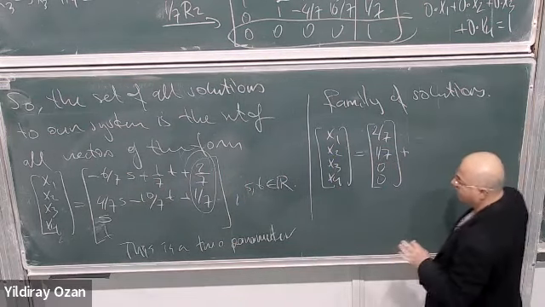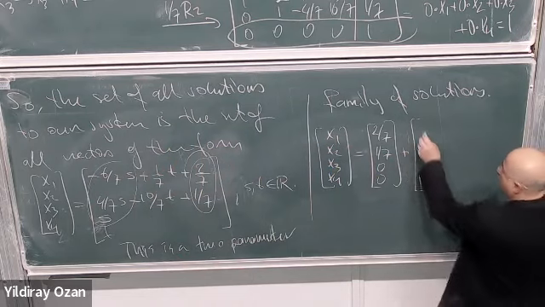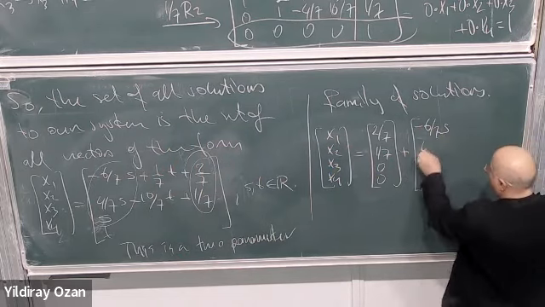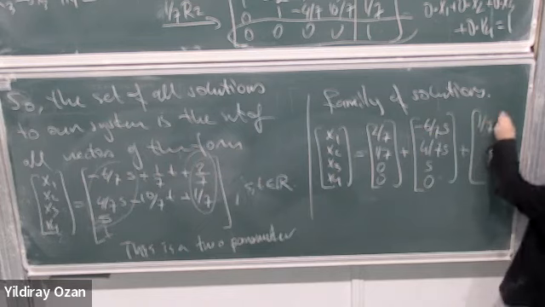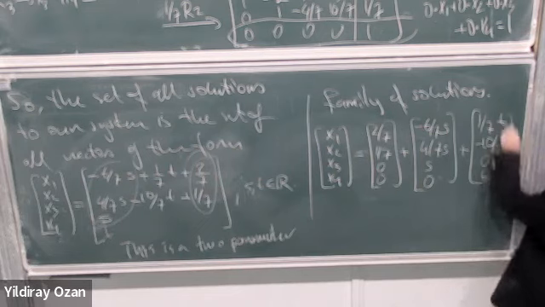And I can write the following. You see, there are some s terms and t terms. Let me write first the s terms: minus 6/7 s, 4/7 s, s, and then there is no s here. And then we have t terms: 1/7 t, minus 10/7 t, 0 and t.